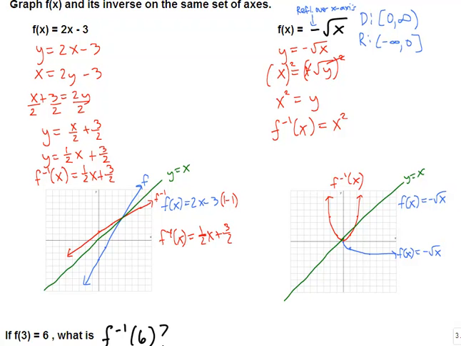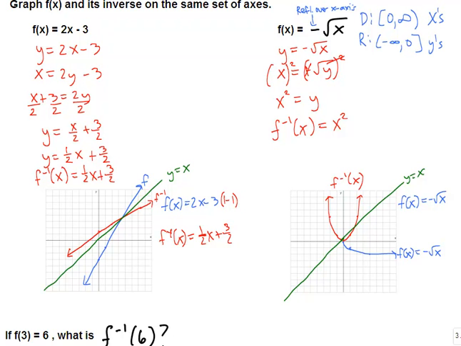If you remember that the domain for the original function was 0 to infinity and the range was minus infinity to 0, and remember that functions and their inverses swap x's and y's, the domain is x's, the range is y's.